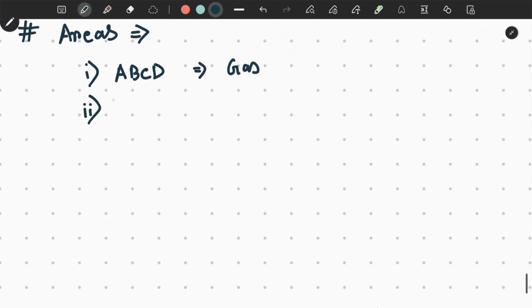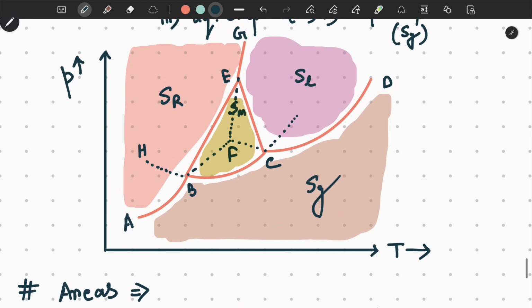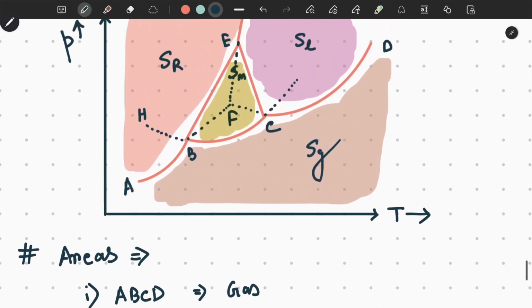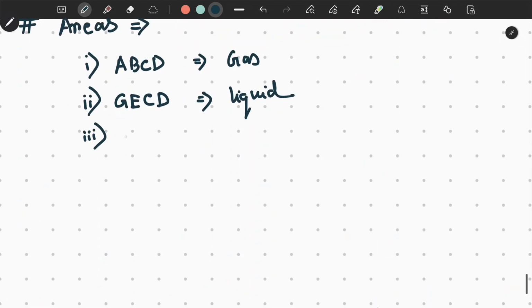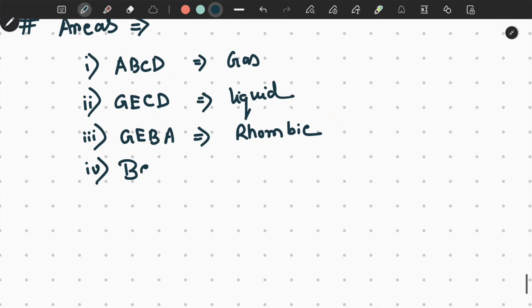The second area is G, E, C, D. This is sulfur liquid. The third area, G, E, B, A, is rhombic. And this area, BCE, is our monoclinic.